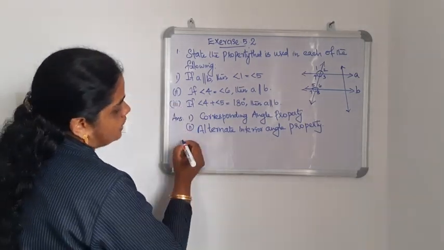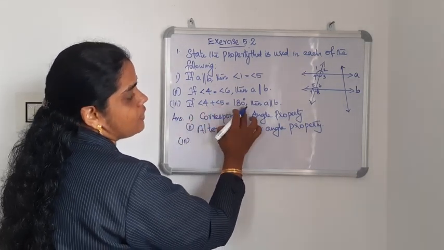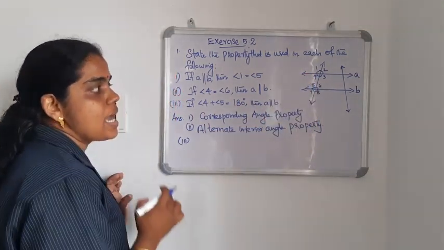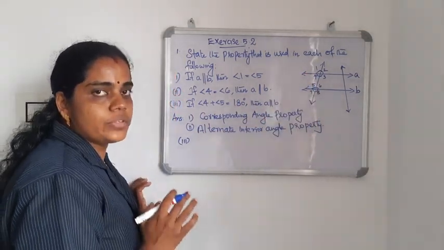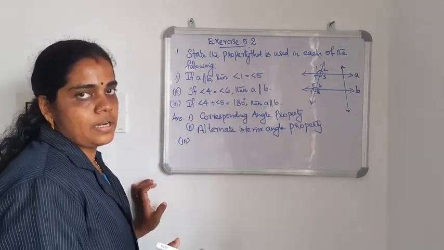Then the third one: if angle 4 plus angle 5 equals 180 degrees. Angle 4 and angle 5 are known as angles on the same side of the transversal. Their sum is 180 degrees, which means they are supplementary.